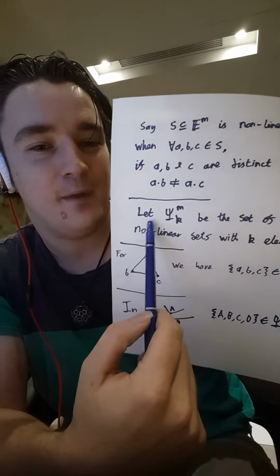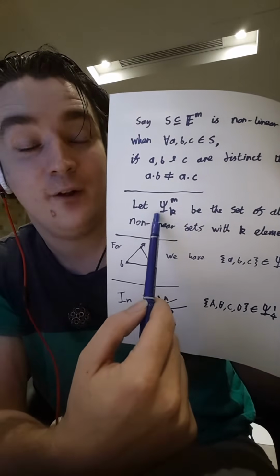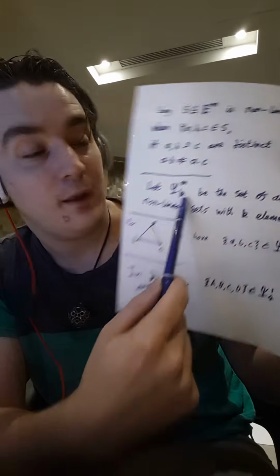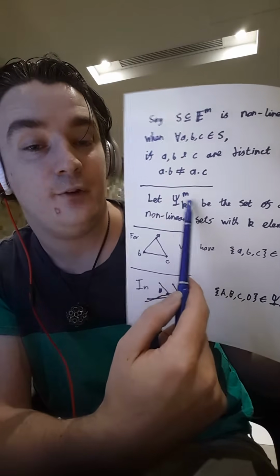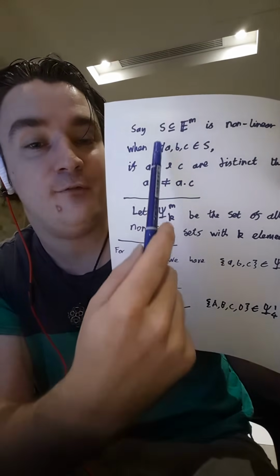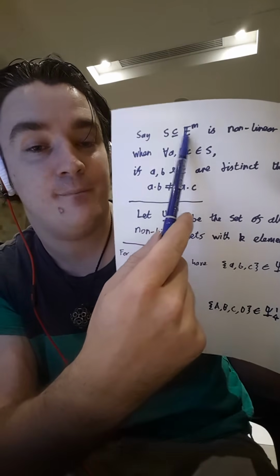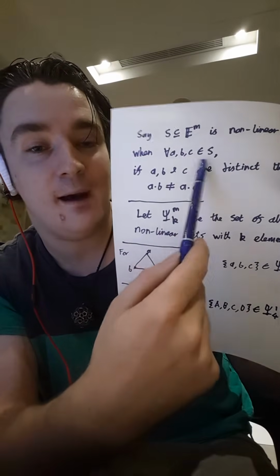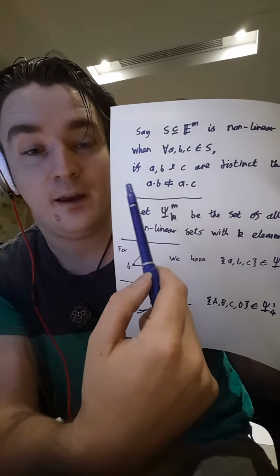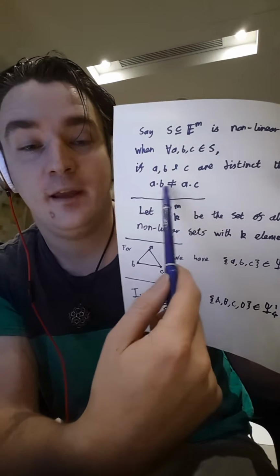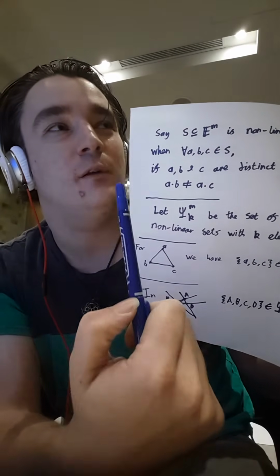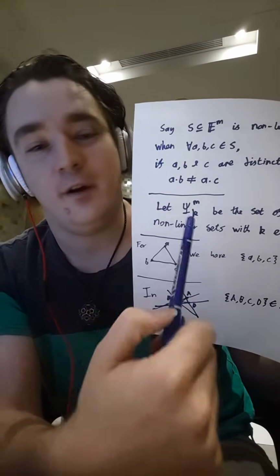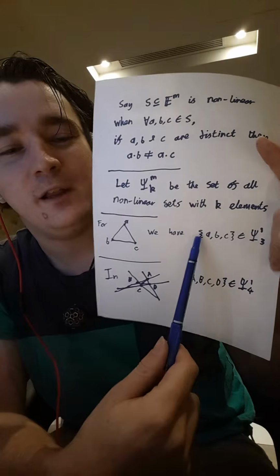And we use this nice kind of holy grail capital psi symbol here to represent the collection of all nonlinear sets with k elements of type M. So this is the set of all sets of this type that come from E_M, which are basically having k distinct elements, and they satisfy this condition, which essentially forbids three distinct elements being collinear, or concurrent if we're talking about lines. Anyway, let's get to some real examples.